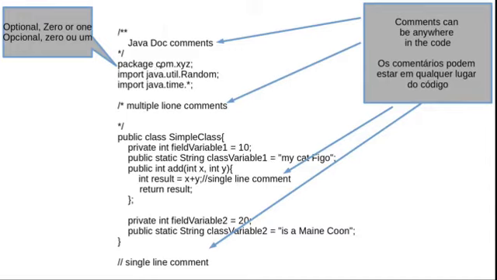And with the keyword package, you can only have one in your class. You cannot have a class belonging to two different packages, or you could have nothing. It's optional, so it's zero or one.